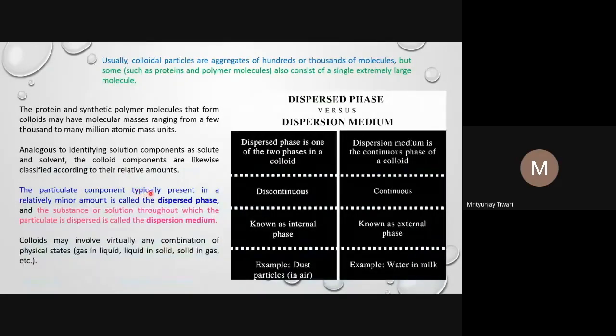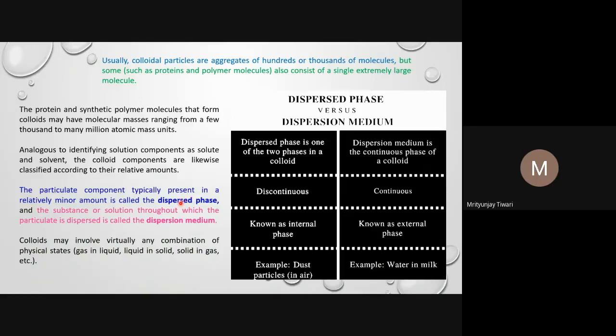Now we also see that the particulate component, typically present in a relatively minor amount in colloidal solutions, is called the dispersed phase, and the substance throughout which that particulate is dispersed is called the dispersion medium. The dispersed phase is analogous to the solute in the case of a solution.